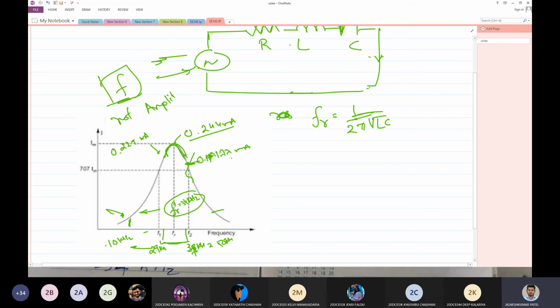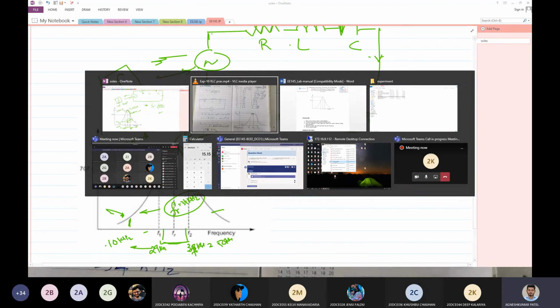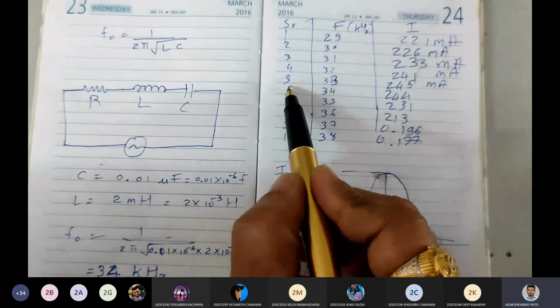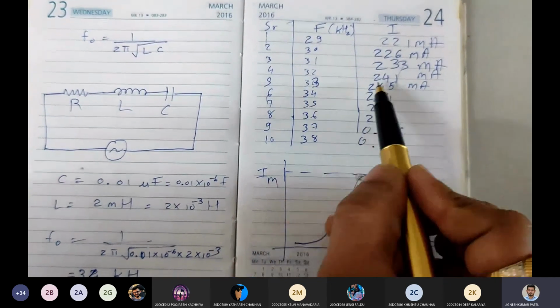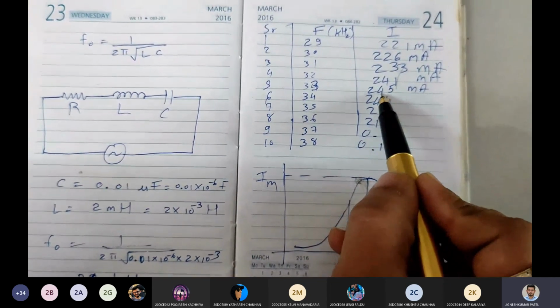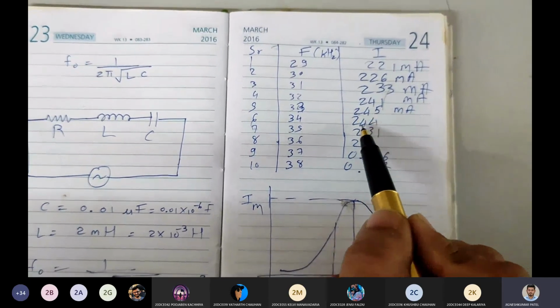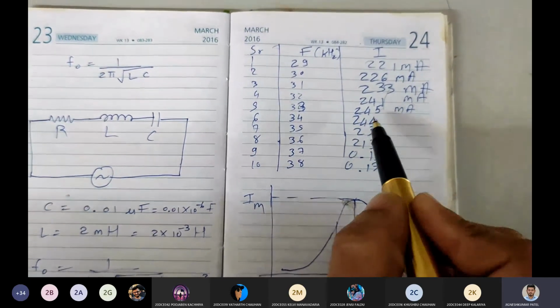Why is that? Because at resonance your L and C eliminate each other, and the only element present in the circuit is resistance, and that's why we have this kind of graph. You can see at 33 or 34 we are getting the maximum current value, which is approximately 244 milliampere.